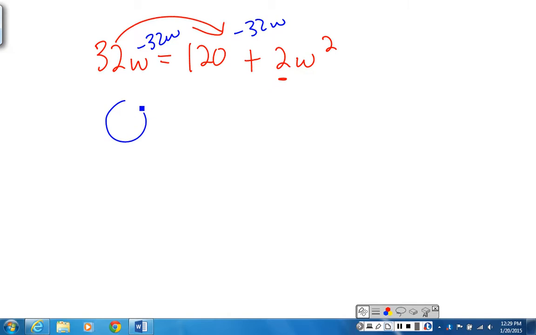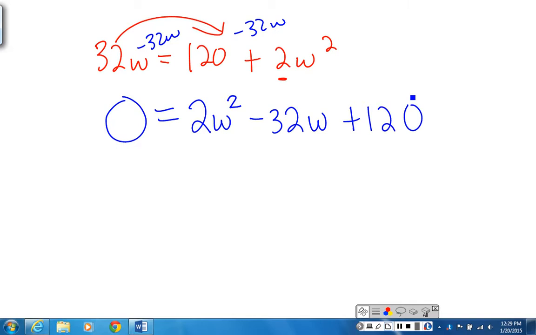And now I'm going to get 0 equals, I'm going to rewrite this in order, right? 2W squared minus 32W plus 120. And now we have to factor.